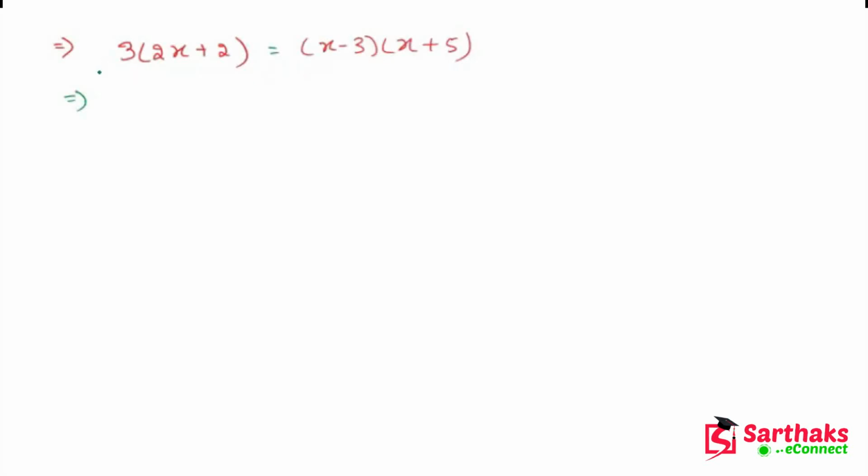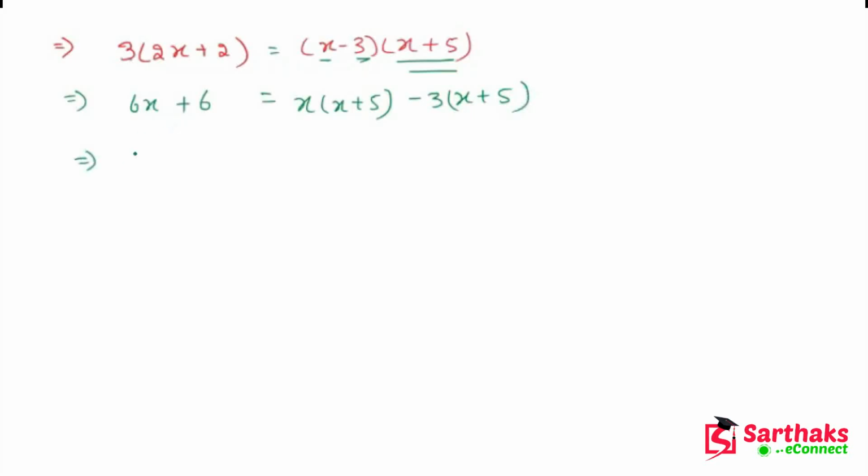Now open the bracket. So here if we multiply 3 into the bracket, we get 6x plus 6. This is equal to, now we have to multiply x with this whole bracket and minus 3 with this whole bracket. So here we get x into x plus 5, and minus 3 into x plus 5.